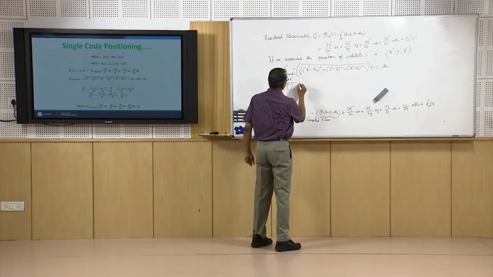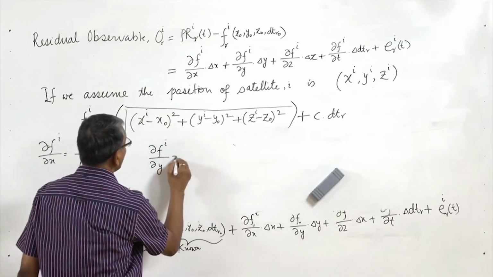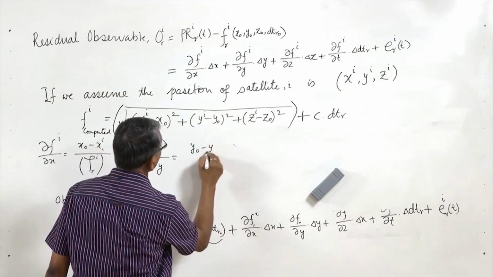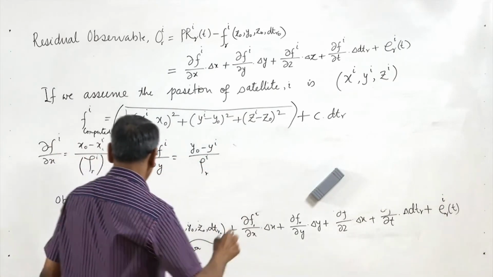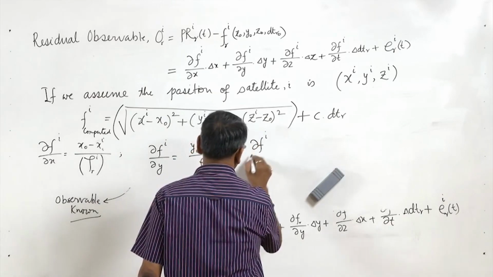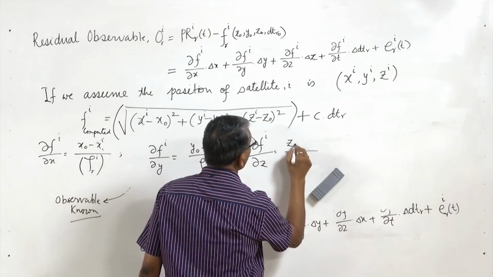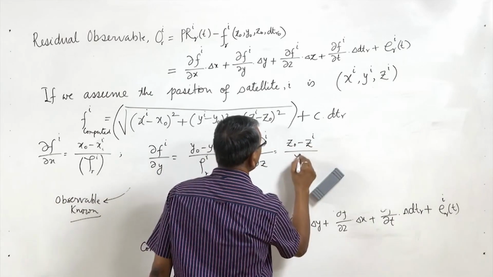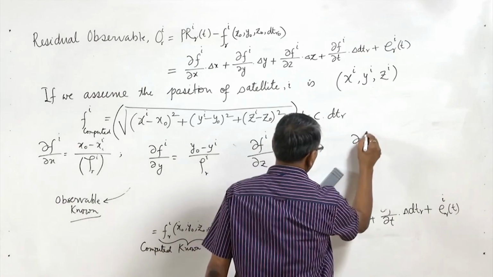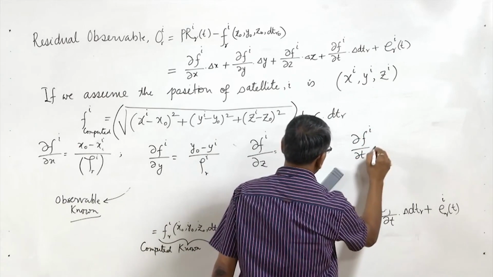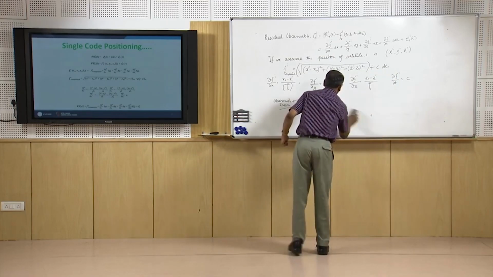Similarly the partial derivative of the function with respect to y will be equal to (y0 minus y_i) over rho_i, and the partial derivative with respect to z will be equal to (z0 minus z_i) over rho_i, and the partial derivative of the function with respect to time will be equal to c. This is the time.